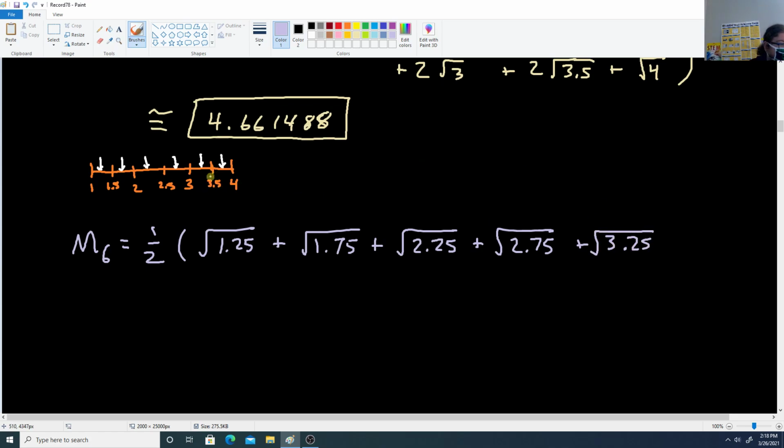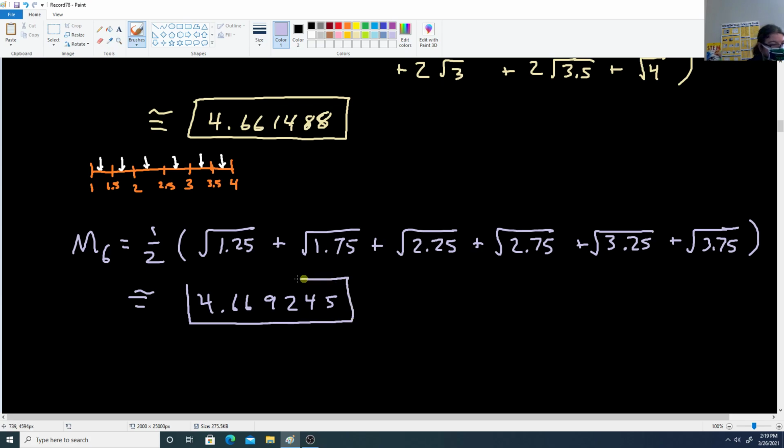And then for the final one, 3.5 up to 4, that would be square root of 3.75. And if we put that into our calculator, we're going to get that's about 4.669245. That would be our midpoint approximation.